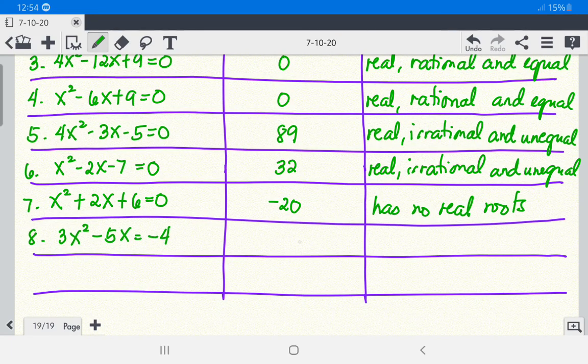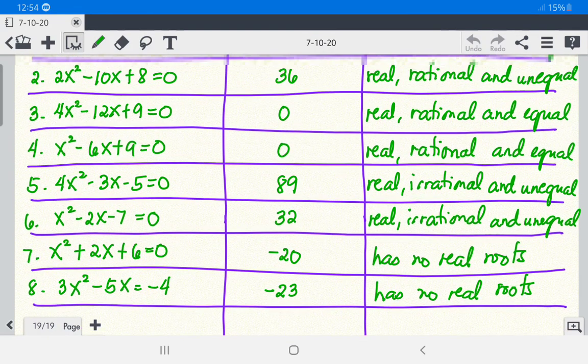Its discriminant is negative 23. Again, since it is negative or less than 0, it has no real solutions or roots. Okay? So, you have to remember that.